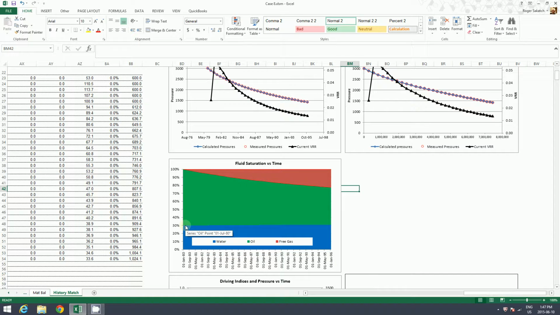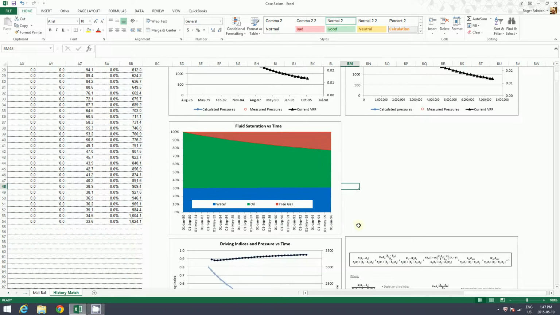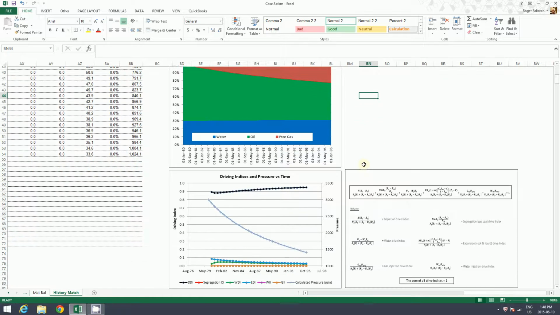The aquifer, again, is not a very strong aquifer, so our water saturation is relatively constant, still rising slightly, I'm sure, in the reservoir, but not to a large extent. It's really the oil saturation and the free gas saturation that are the main changes within the reservoir.